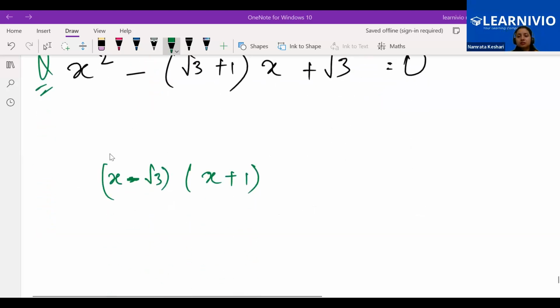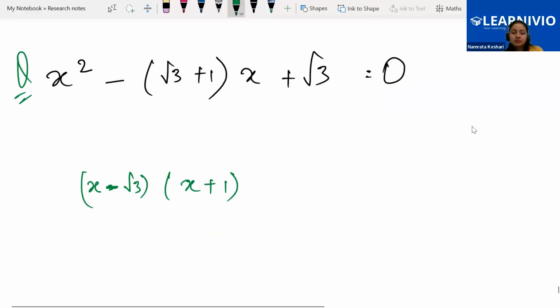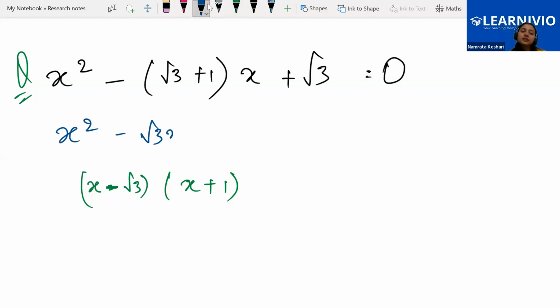Okay, Alvina and Afnan both are getting the same. What about you, Abdul? Abdul, what are you getting? Let's check it. x square minus root 3x, distributive property we will apply, minus x plus root 3 is equal to 0.